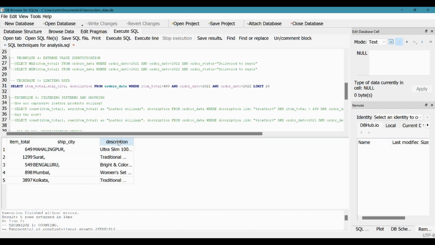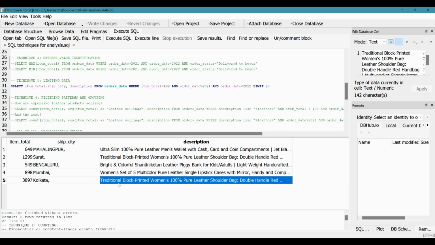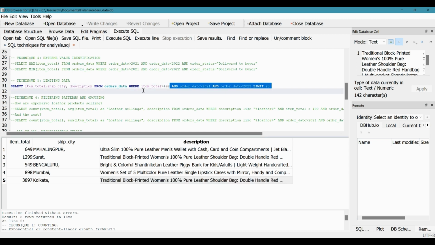But I'm just showing you, in case you have big data with lots of orders and very big amounts, that you can also limit and just analyze the results that you get from your limiting. And here you see that when I'm limiting to 20, I just get 5, so I don't even need to put the limit. I only have 5 orders which are more than 499.